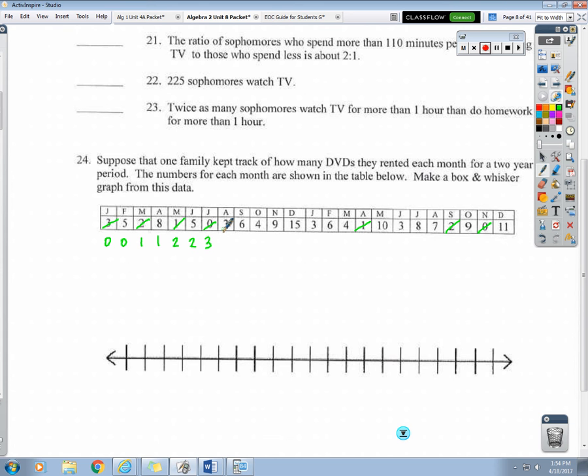1, 2, 3, 4. Okay, the next lowest number. How many are there? 2. Okay, next lowest. Okay, no, there's 1, 2. There was one in February the first year. June. That's June. It's after May. May, June.